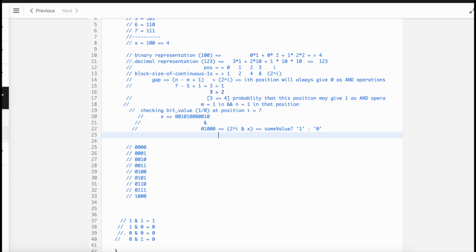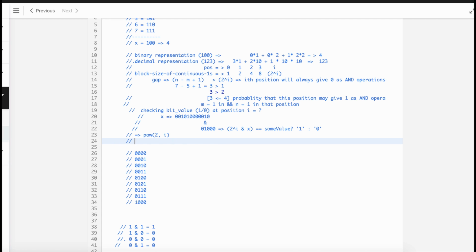Now, in order to generate 2 to the power i, either we can use the power function in C++, or the other way is to use a shift operation, which can achieve the same thing.